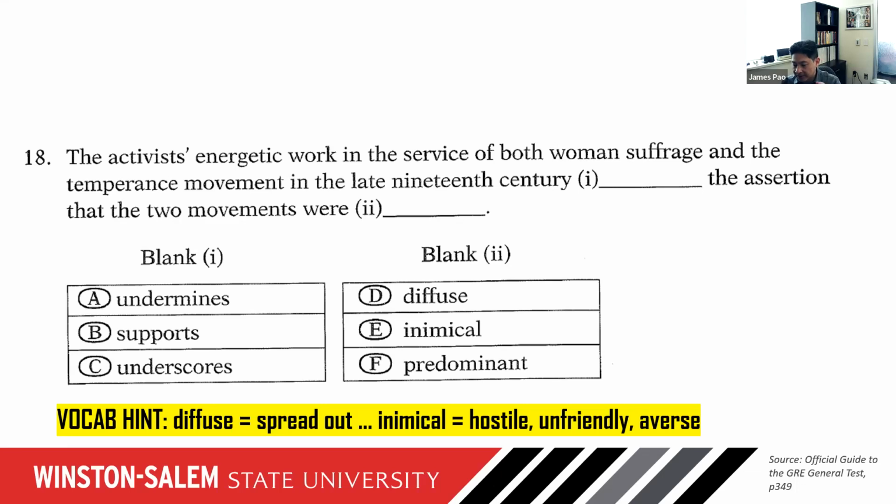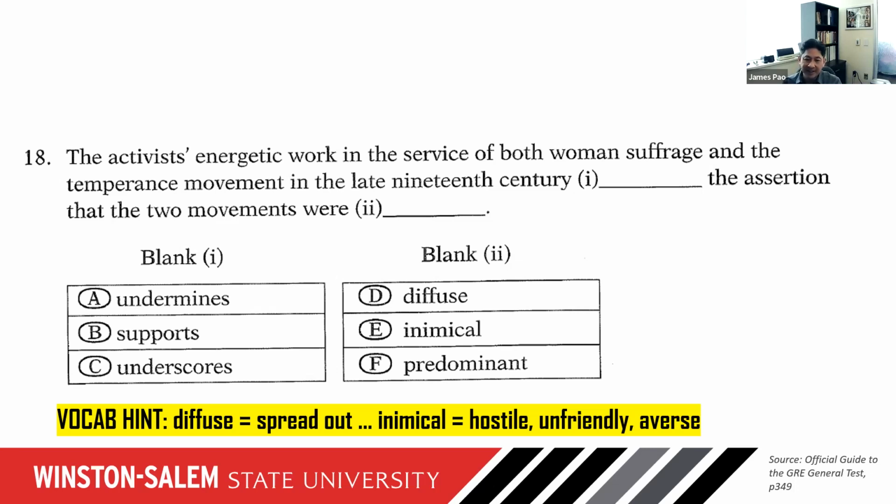Now, this is a technique, which is to predict. You want to predict what your own words would be in the blanks. And then you want to see which of those answer choices matches your prediction. So if I said support, and then I said worth fighting for, or worth standing up for, I would look and I say, yeah, B is supports.